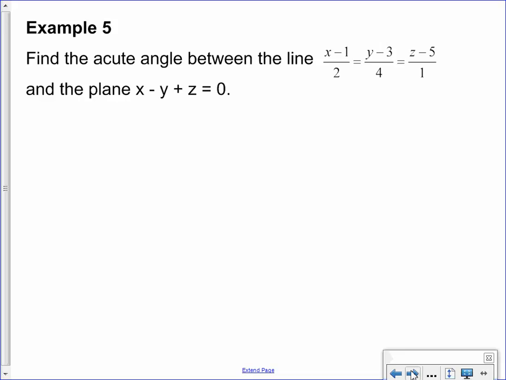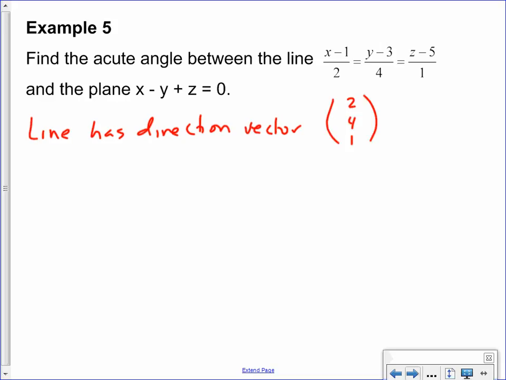Where do you get the direction vector from this equation? Oh, the bottom. It's the bottom ones. So the line has direction vector 2, 4, 1. That's like your L, K, and M, right? We also have the normal.